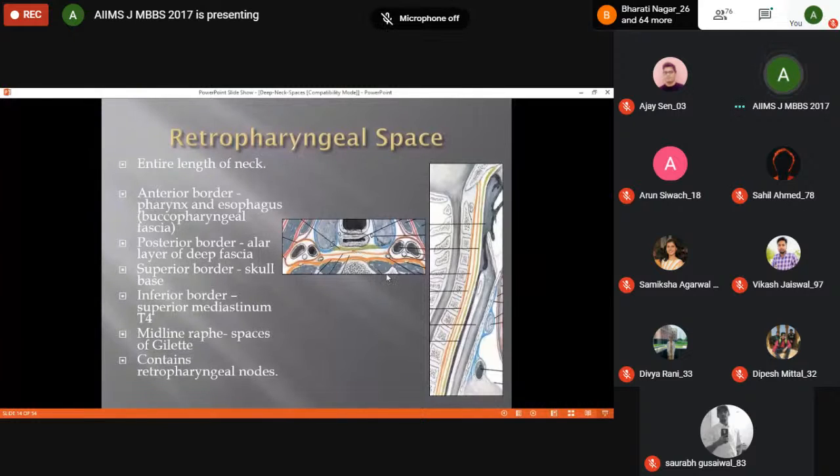This is the retropharyngeal space between the green line and the first red line. It mainly contains the retropharyngeal nodes. There is a raphe that is not very important. The main contents are few retropharyngeal lymph nodes. If there is infection of this area, these nodes can rupture because of the pus. This is the vertical section.